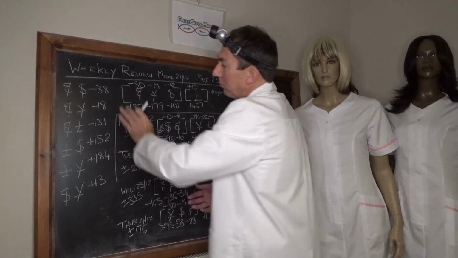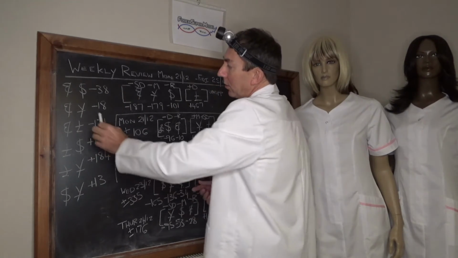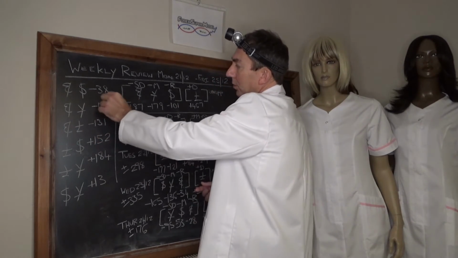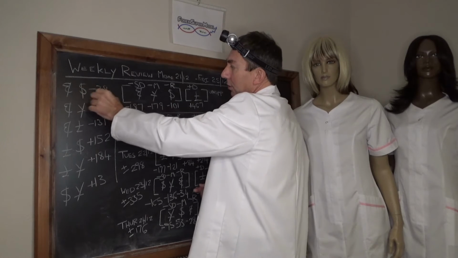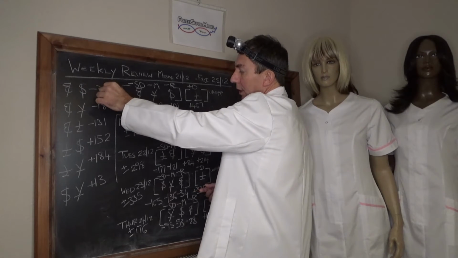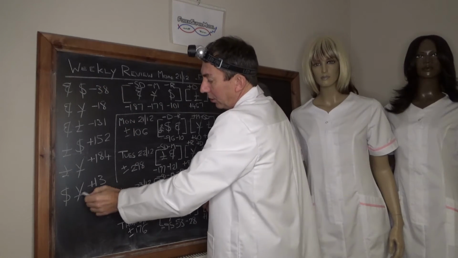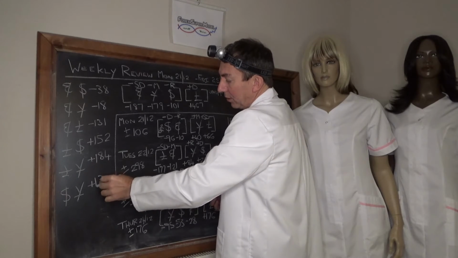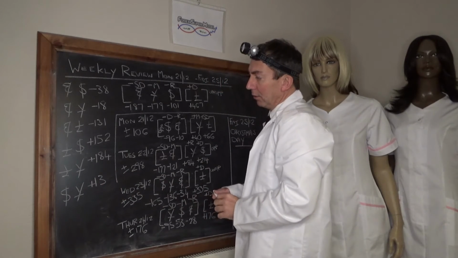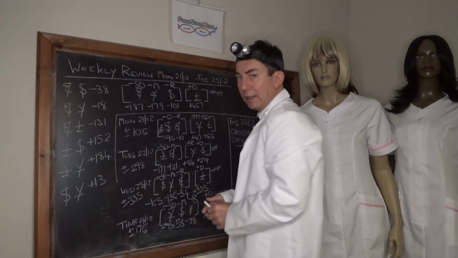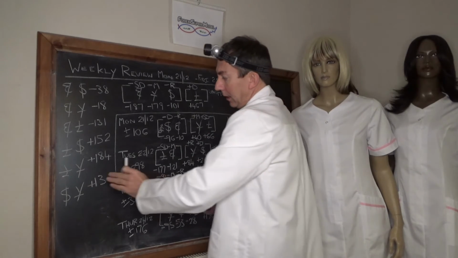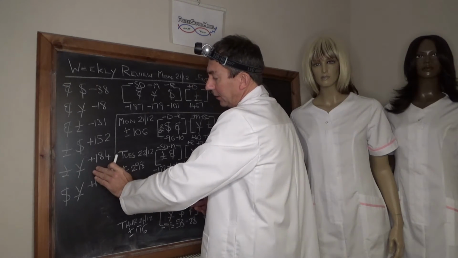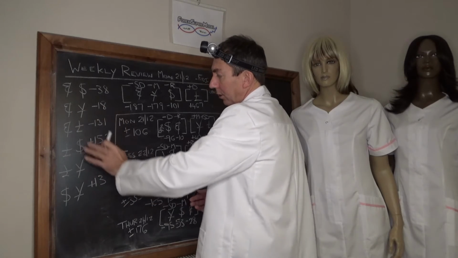If you look at the actual movement of the pairs, the euro yen hardly moved at minus 18, the euro dollar hardly moved at minus 38, and the dollar yen hardly moved at plus 13. So it was all about the pound against these other three complexes.